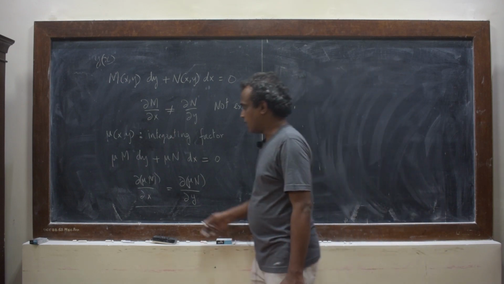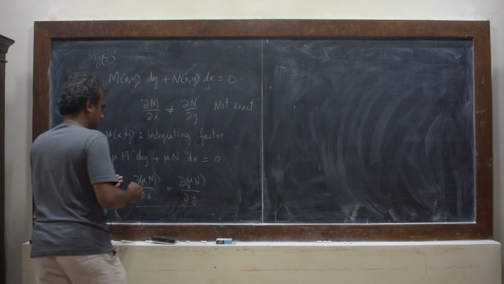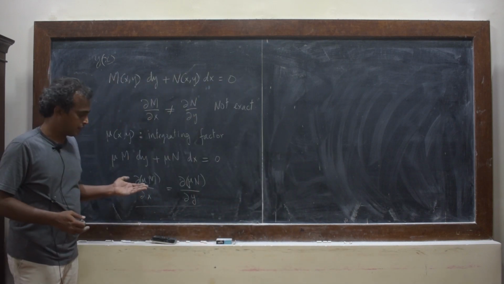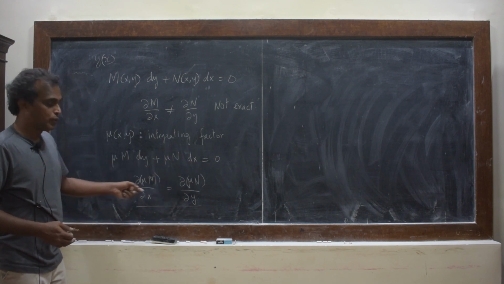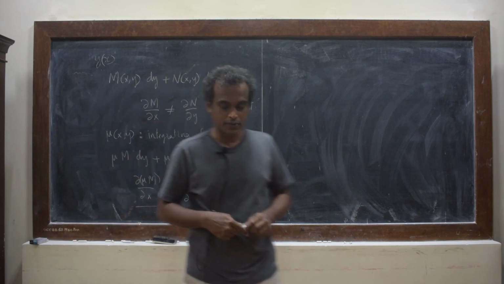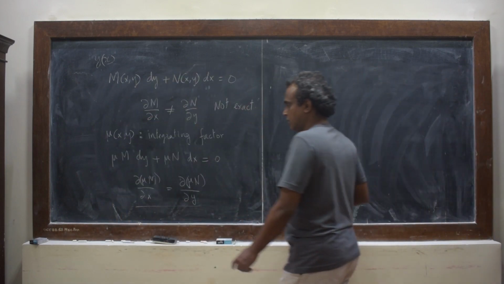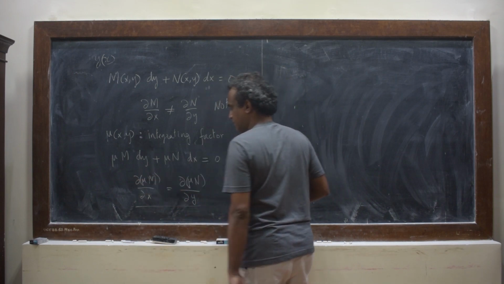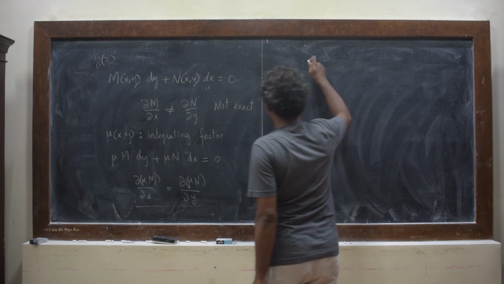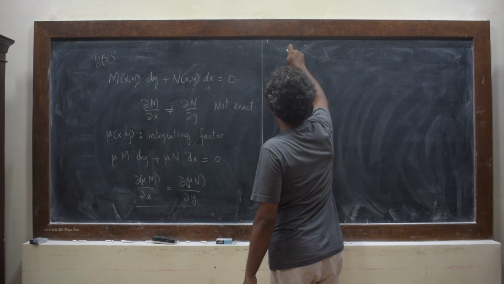So, let us see under what condition we would get such an integrating factor, and if such a factor exists, how we could find that integrating factor. In order to find the condition that mu should obey, let us carry out this derivative.